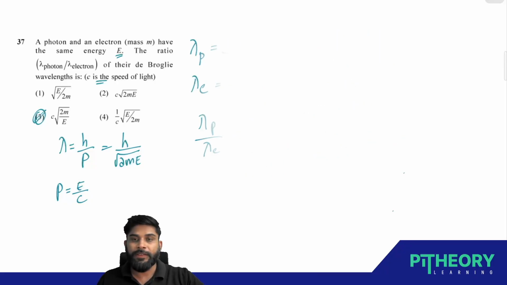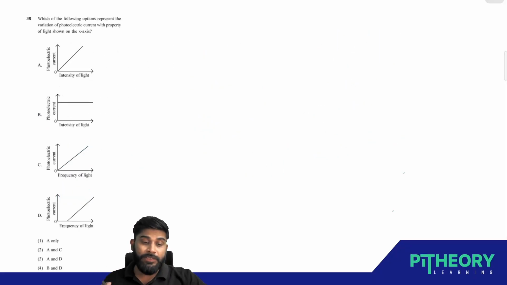All right. Question number 38. Which of the following options represent the variation of photoelectric current with the property of light as shown on the x-axis? On the y-axis, we have photoelectric current. In the first option, it is with the intensity, second also with intensity, third and fourth with the frequency. Again, a quite simple, straightforward question. Is the first option right or wrong?